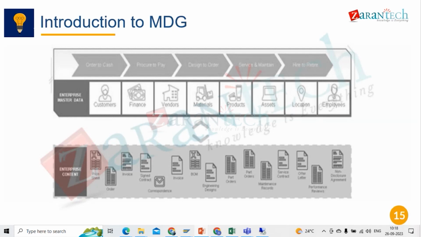Okay, across all the business areas, MDG helps companies mitigate the risk of business disruption caused by inaccurate or missing data, which can result in loss of revenue and customer confidence.